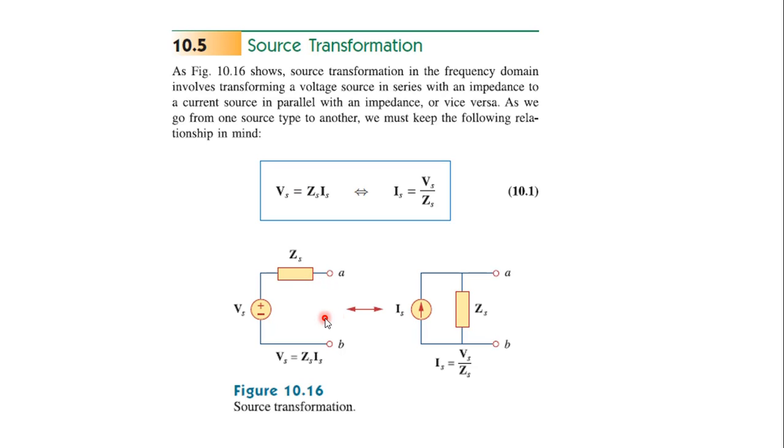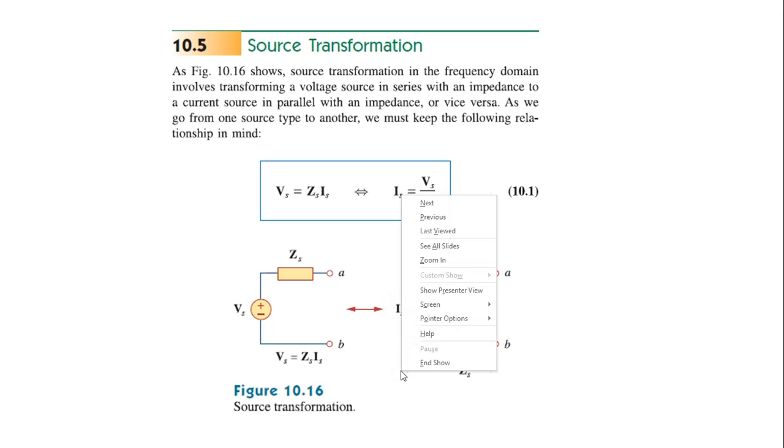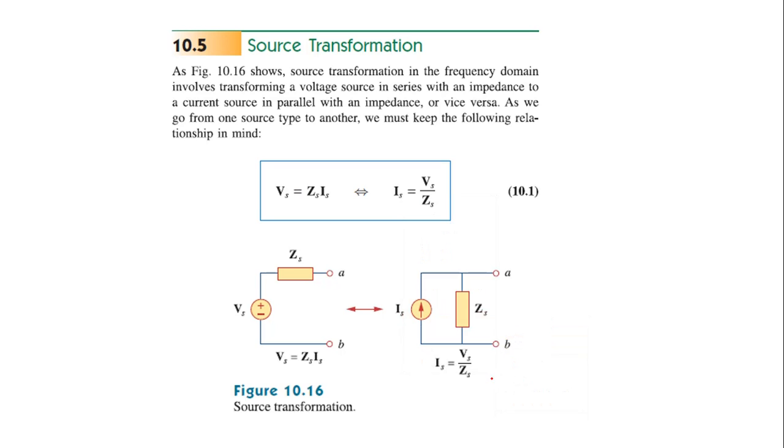This voltage source can be converted into a current source. So we'll draw a current source with a resistance or impedance in parallel. This Zs will be connected in parallel here, and the value of the current source is given by this part.